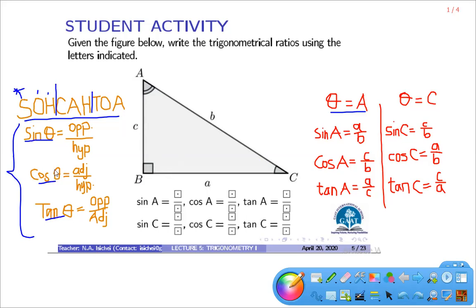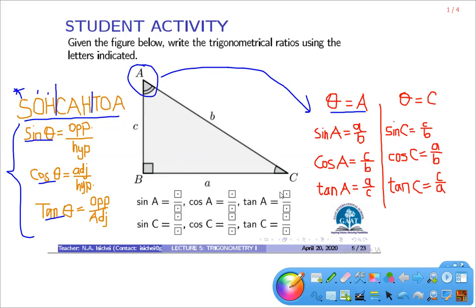Remember, cos theta is adjacent over hypotenuse. So cos A is equal to c over b. While tan A, which is opposite over adjacent, the opposite is small a, the adjacent is c. That is a over c. Suppose A is the given angle, so here are the correct trigonometrical ratios.